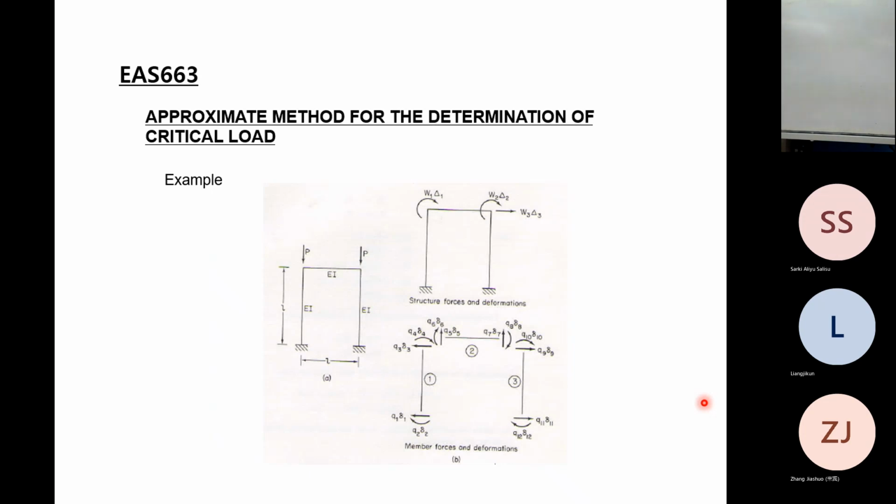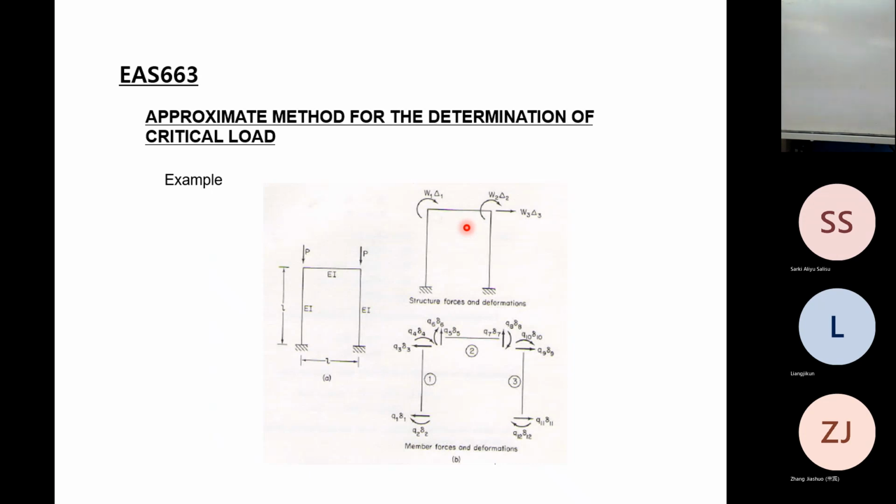You have a column which is subjected to axial force, and a beam where there is no axial force. So the stiffness matrix for this will include the part due to P, but for this we will not include the part due to P because there is no axial force.